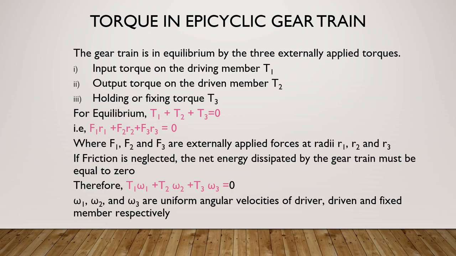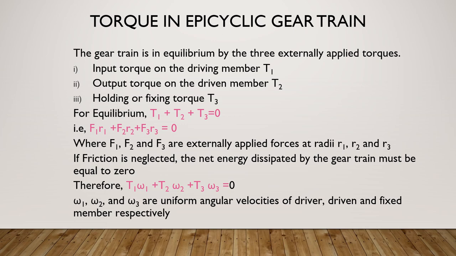Next topic is torque in epicyclic gear trains. So till now we have solved problems to calculate the speed, the train value, velocity ratios. We can also calculate the torque in a gear train. There are certain rules or equations, considered in an equilibrium condition, to calculate the torque in any epicyclic gear train.